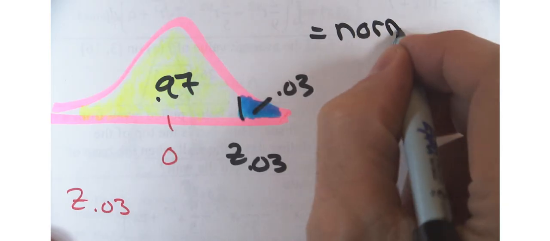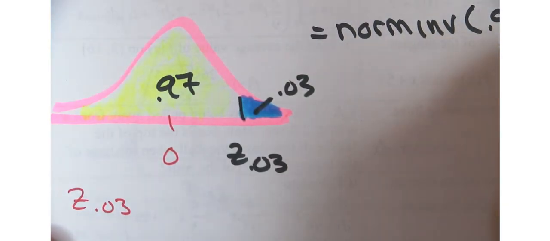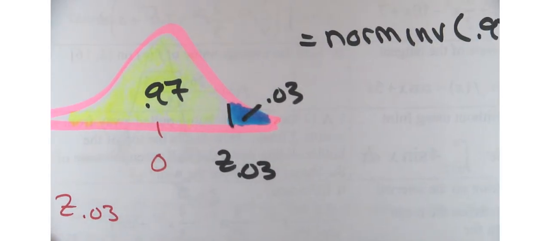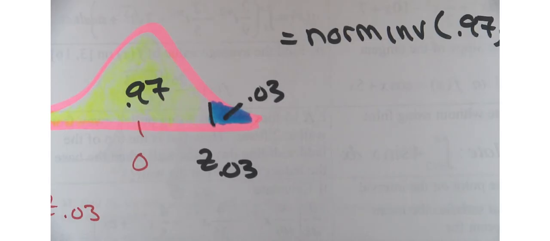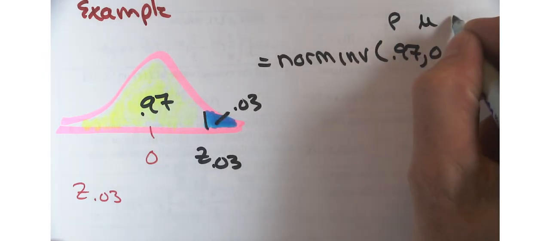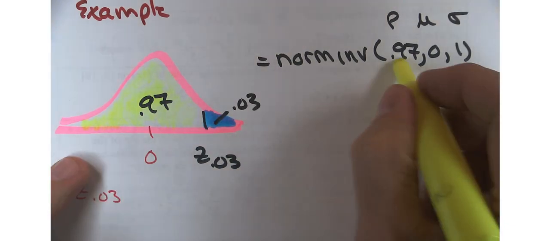So it's going to equal norm inverse of 0.97, comma 0, comma 1. The good thing for this command is that you don't have to use that true or false like we had to for some of our other commands. It's just your P, your mu, your sigma. So that 0.97 is coming from right here.